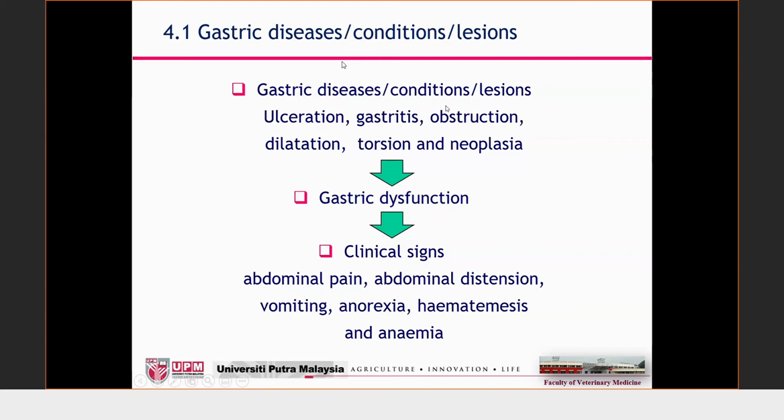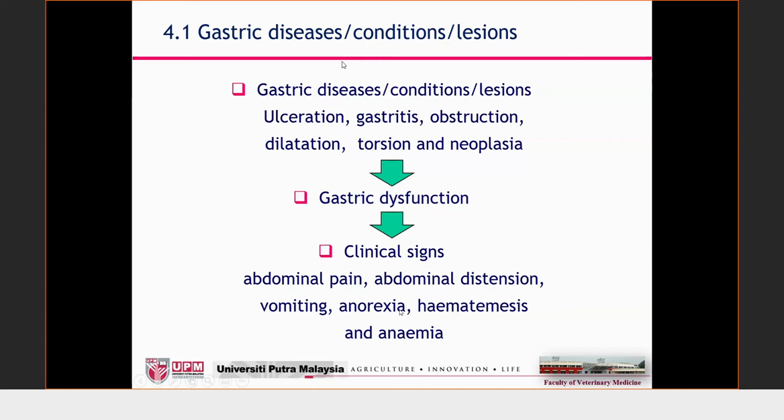As a result, when we have a lesion that leads to functional abnormalities, we will get gastric dysfunction. Clinically, what you expect to see in a patient with gastric disturbances or conditions might be abnormal pain, abdominal distension, maybe vomiting, anorexia, loss of appetite, then hematemesis, where there is blood, as well as anemia, particularly when it has to do with ulceration.